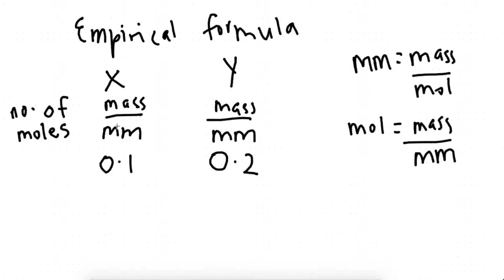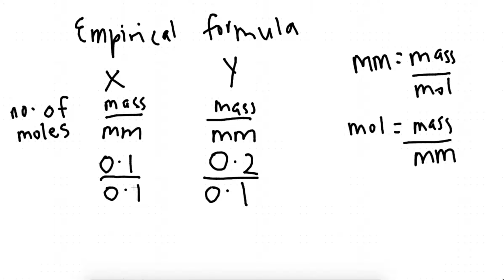So obviously X has a smaller number of moles, right? What we do is we take this number of moles and divide it by itself. 0.1 divided by 0.1. We do the same thing for this number of moles as well. 0.2 divided not by itself but by the smaller number 0.1.